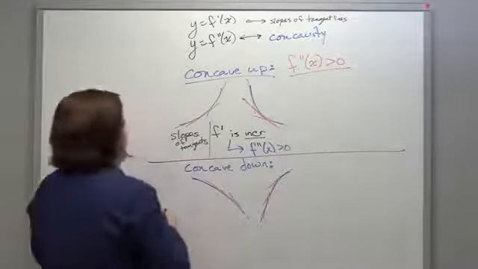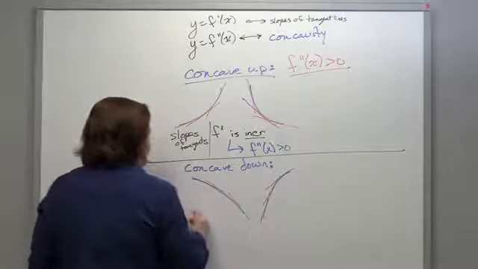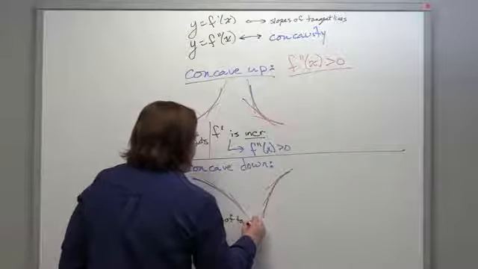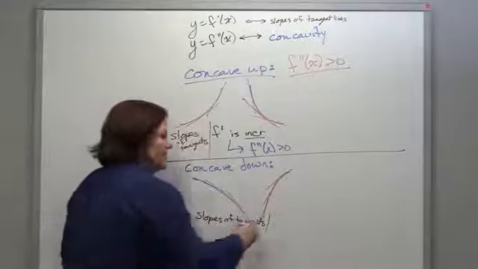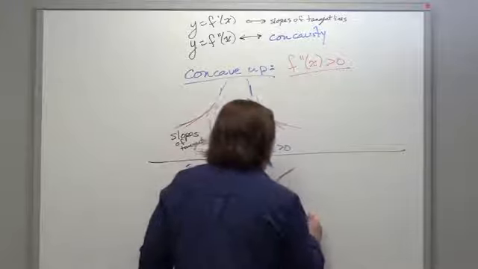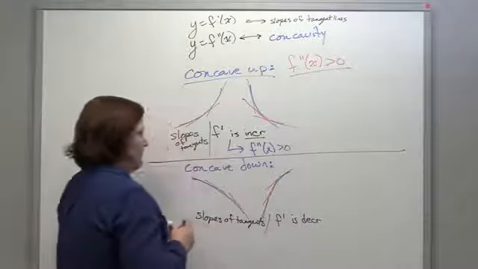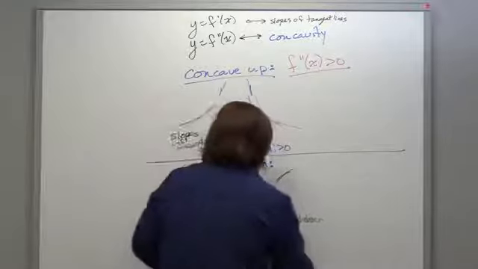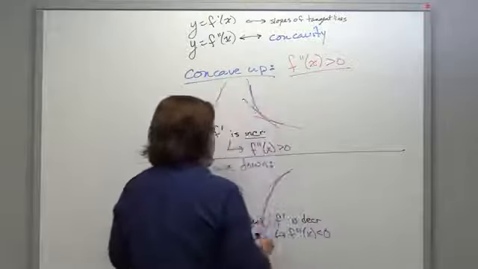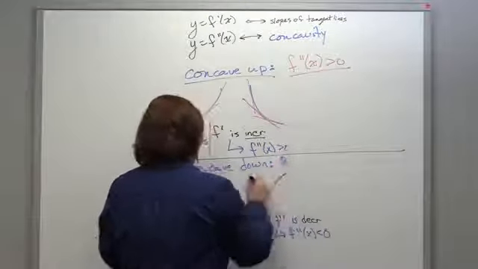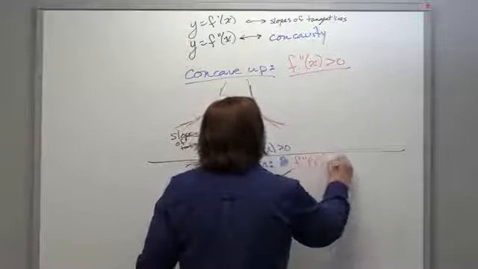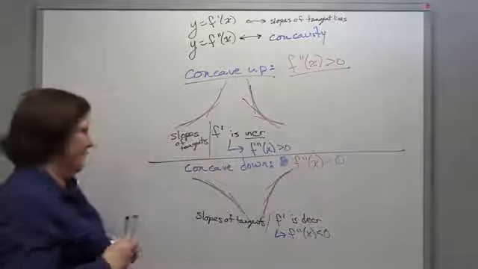So here we have the slopes of the tangents, otherwise known as f prime. For both of these, they are decreasing. So this gives us f double prime is negative. So concave down, f double prime is negative.